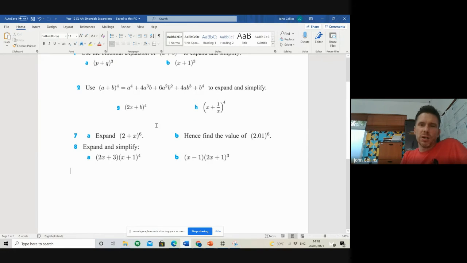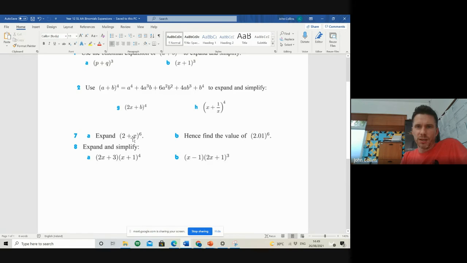Question 7 and 8, not quite as straightforward. This, I haven't got the reference line for the 6th line. Maybe you have it in your notes already, but maybe you have to figure that out first, then do it. And then for part B, I'm not going to say exactly how to do this, but 2 plus what is 2.01. There's your hint. 2 plus something is 2.01.